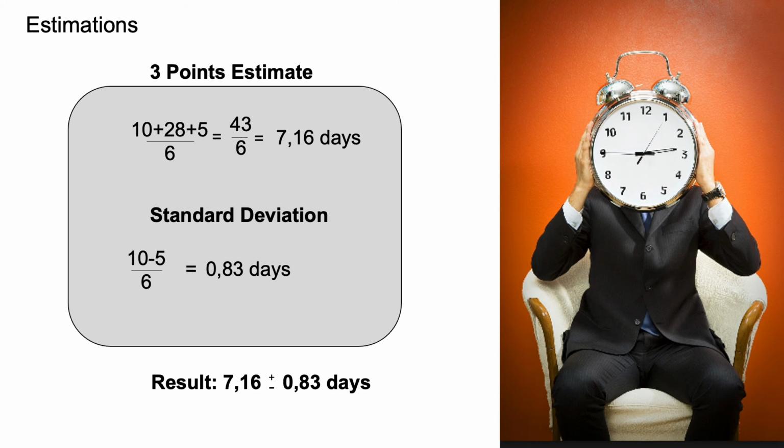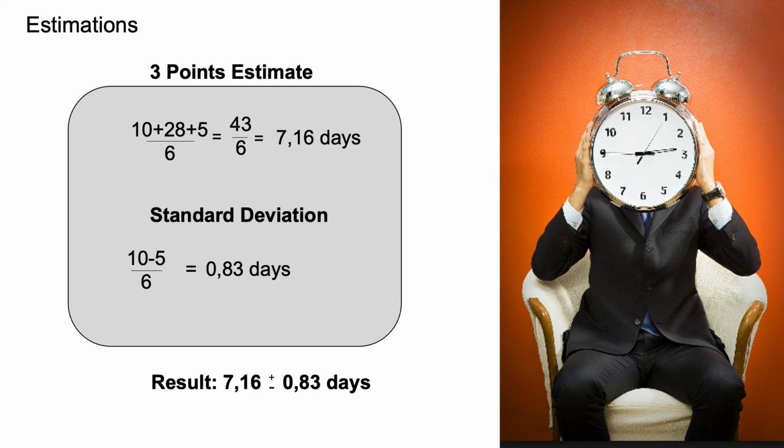And now we can say that the duration of the activity will be 7.16 days plus or minus 0.83 days. This technique works perfectly with Monte Carlo analysis, which is just a simulation of your scenarios thousands of times. More details about Monte Carlo and three-point estimate we will talk about in my next course.